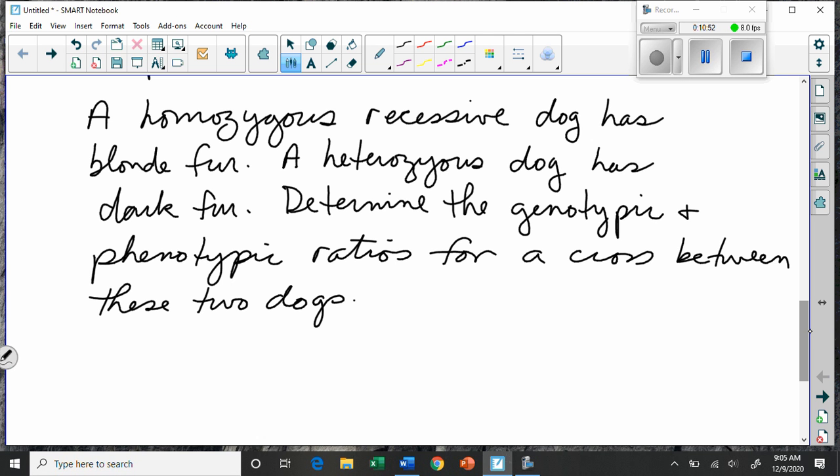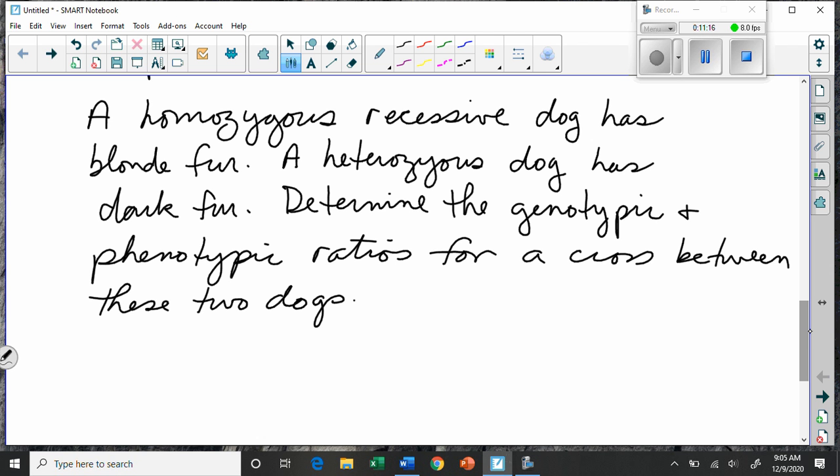So the gene is dominant, it seems, for dark hair because the heterozygous dog, who has one of each, turns out dark, which means the dark hair allele must be dominating the other one, right? Remember, heterozygous means he has two different alleles. So we're going to use a capital D for dark hair, and a small d then would be the recessive condition of the blonde hair.